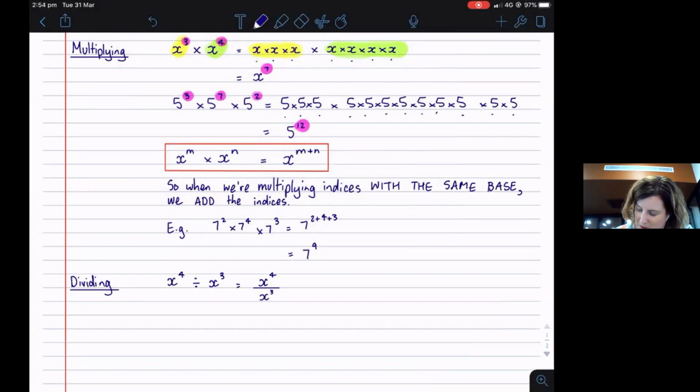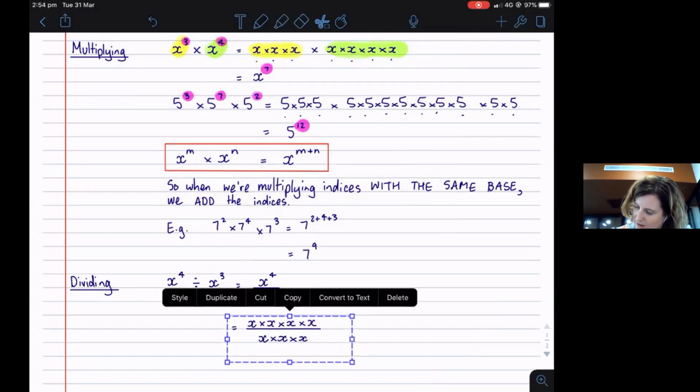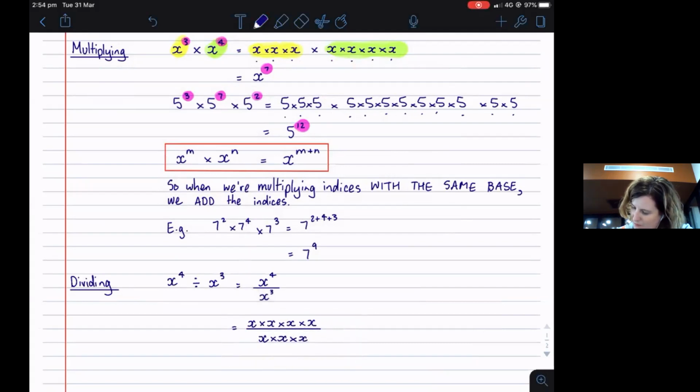So that would be the same as, well, x to the 4 is x times x times x times x. x to the 3 is x times x times x, yeah?